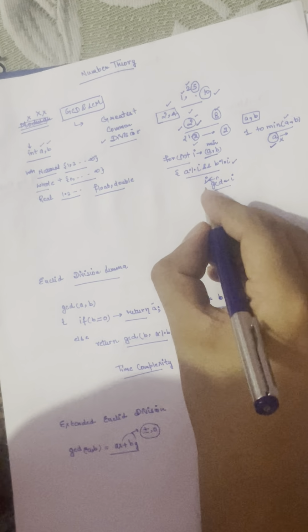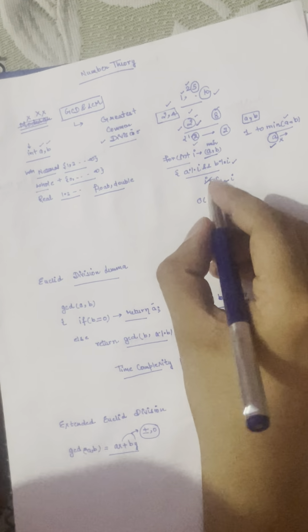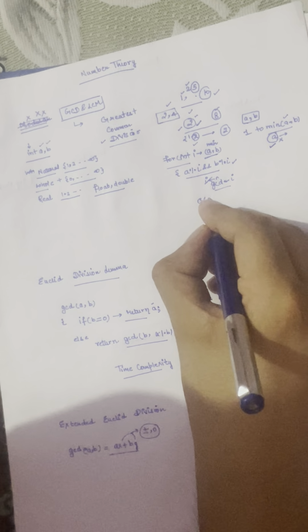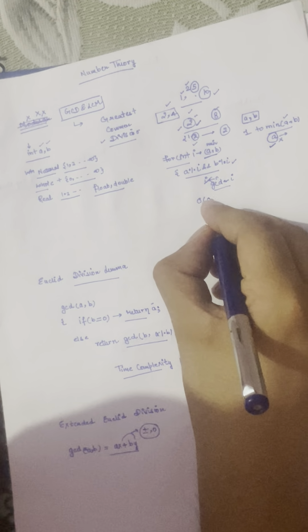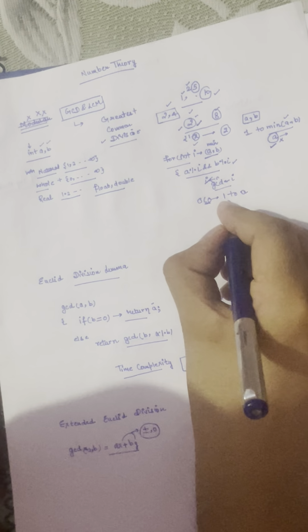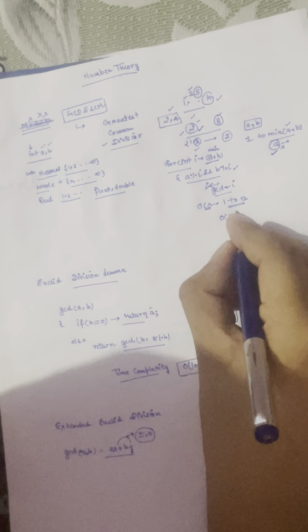By doing this, in the worst case we might have to travel from 1 to a, where a is the minimum one, so the time complexity would be O of min of a comma b.